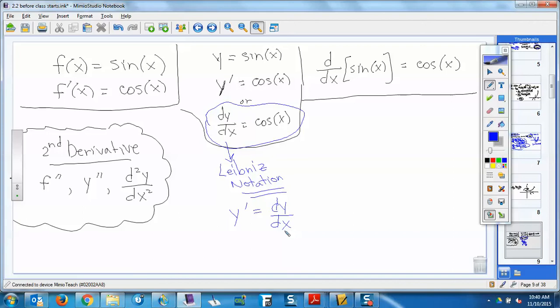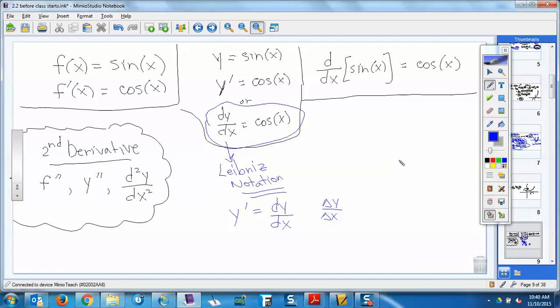Dy over dx is like the Greek letter delta, the triangle, right? What does that mean? Delta y and delta x, change in y and change in x. That's what slope is, the change in y over the change in x. So it's a Greek letter d, basically. So dy over dx, think change in y over change in x. But you can also think of the d as derivative, the derivative of y with respect to x. So the bottom, just think of that as the input variable.